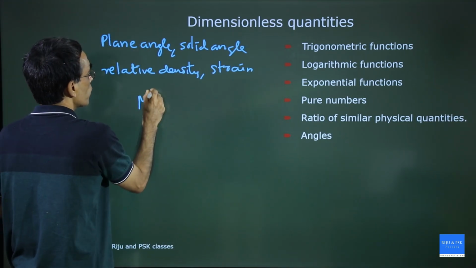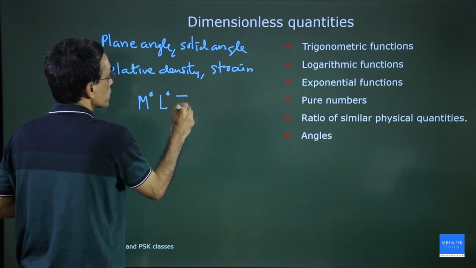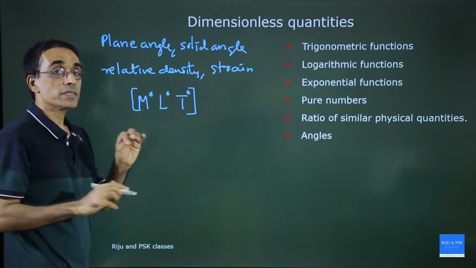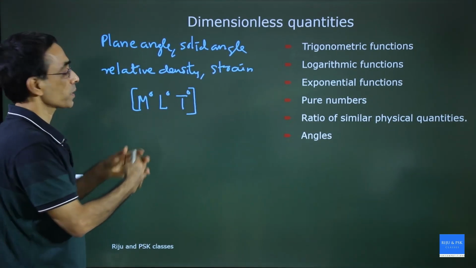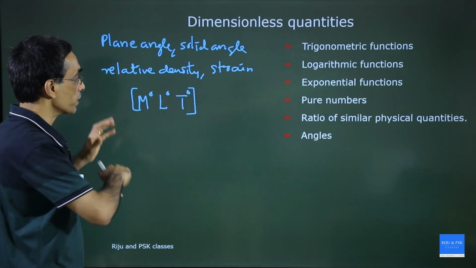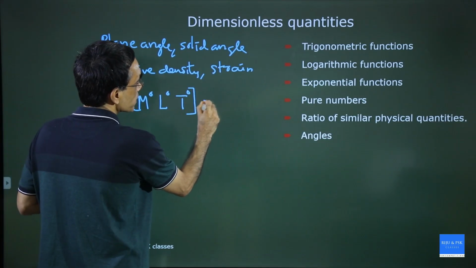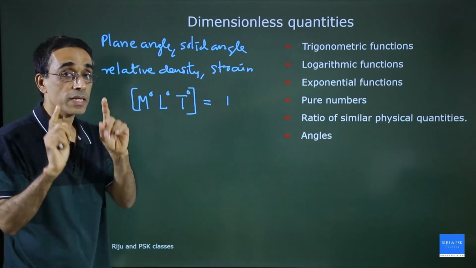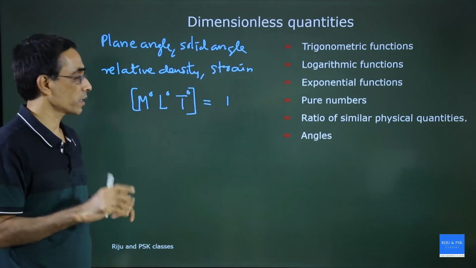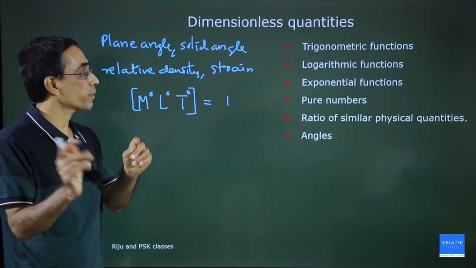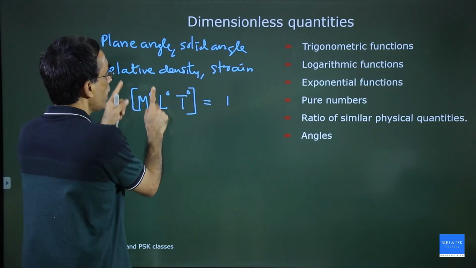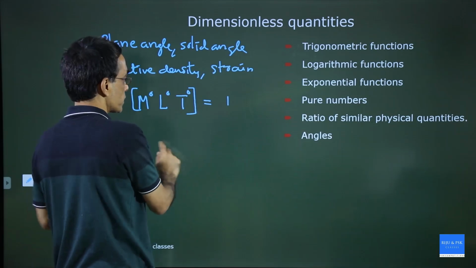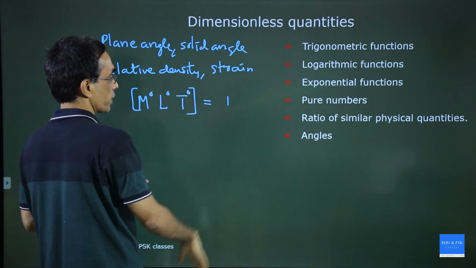Their dimensional formula is M0 L0 T0. That means they do not depend on the fundamental quantities. That's what we said, so dimensionless. And many times M0 L0 T0 can be taken as 1. In many calculations, you can take it as just 1, only a number, no dimensional formula. I don't say this is equal to 1, but many times in questions we can use it like this. If you see a term like this one, you take it as 1.